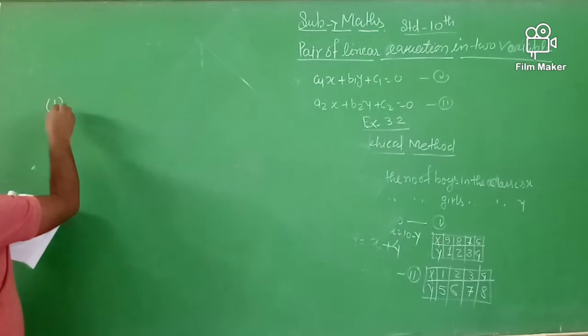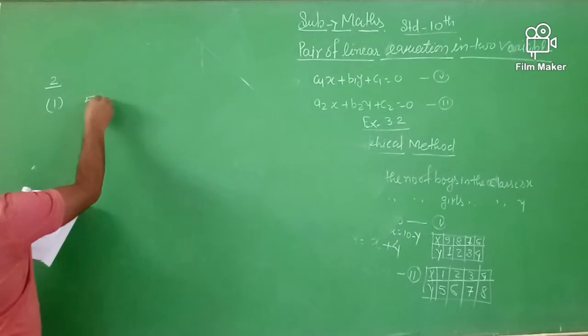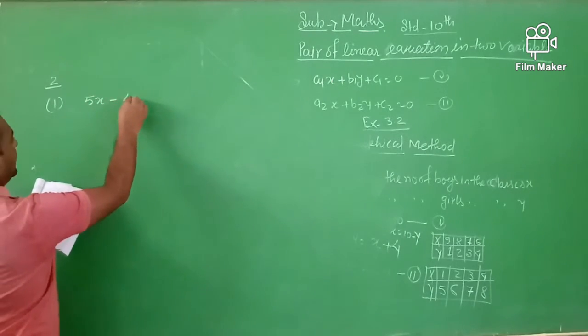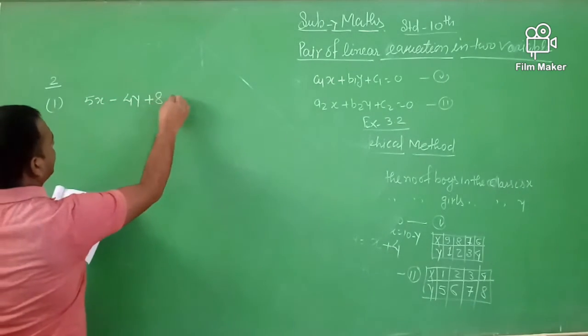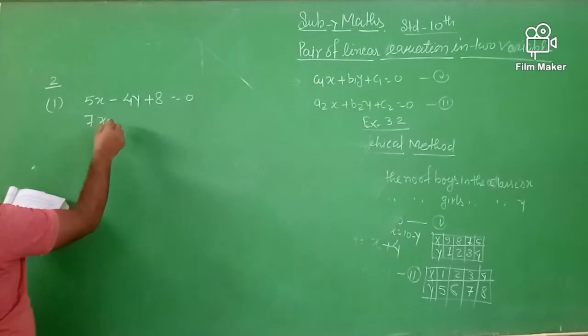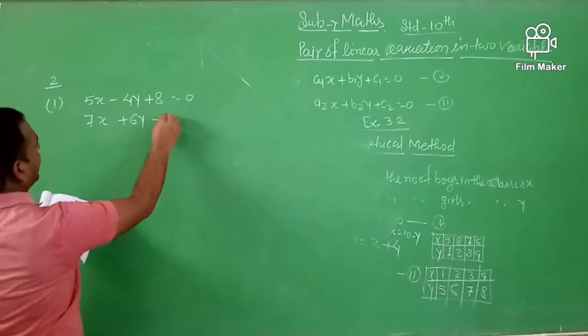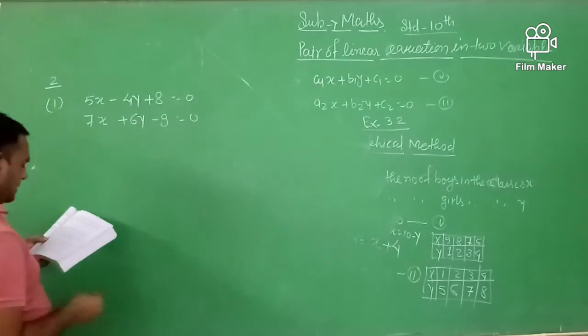Here, in question number first, 5x minus 4y plus 8 is equal to 0. Second equation is 7x plus 6y minus 9 is equal to 0.